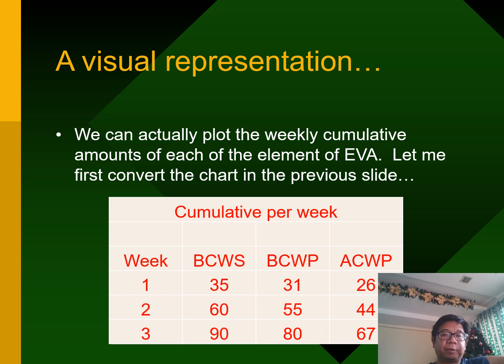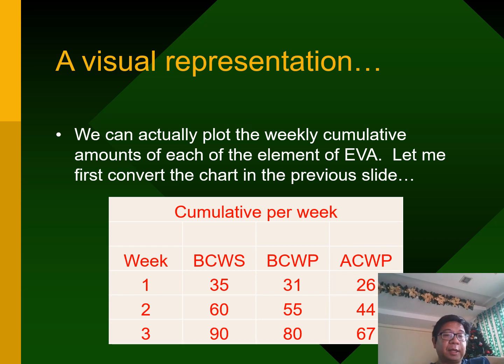So, for example, in the BCWS column, week 1 is 35. If you go to the previous slide, week two's BCWS is 25. So, we want to plot the cumulative value per week. So, 35 plus 25 is 60.